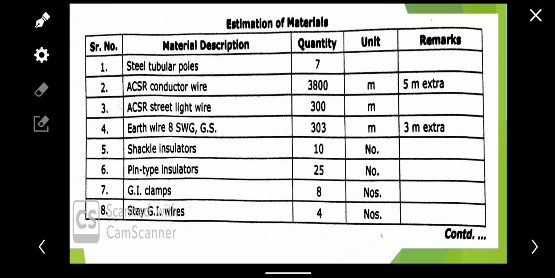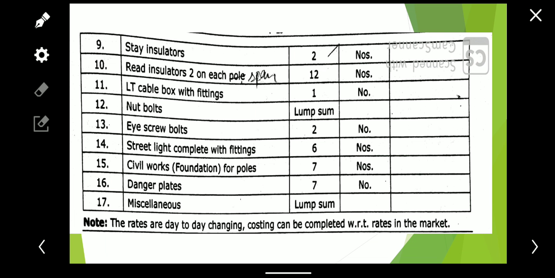Then ACSR straight light wire is 300 meter, earth wire is 8 SWG GS galvanized steel. Then shackle insulator we want 10, pin insulator want 25, and GI clamp is 8, stay GI wire is 4 numbers. Then stay insulator 2, reel insulator 2 on each span.